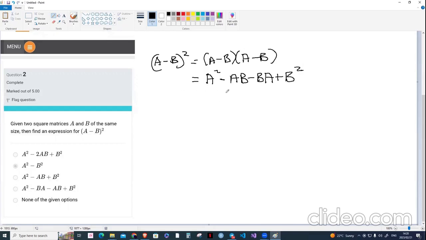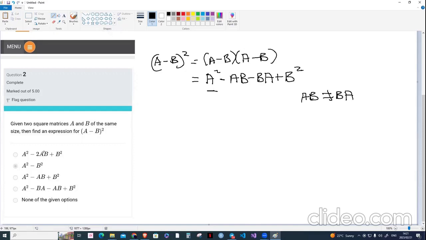Then this is your answer. You can't combine these two because AB is never equal to BA when it comes to matrices. With numbers, that is true, but in matrices, it's not true. So the correct answer is this.